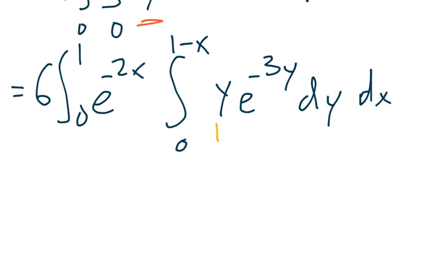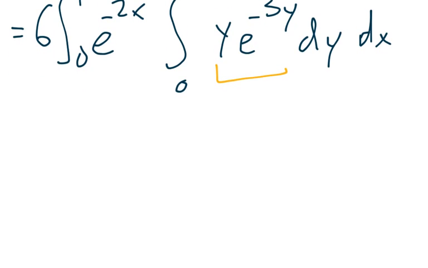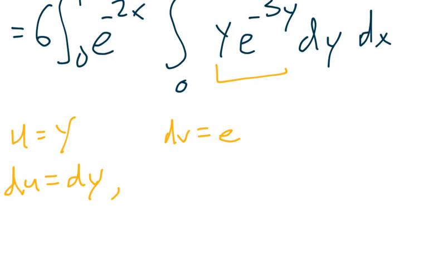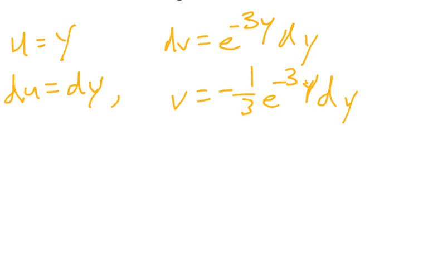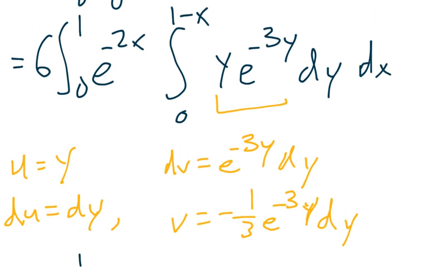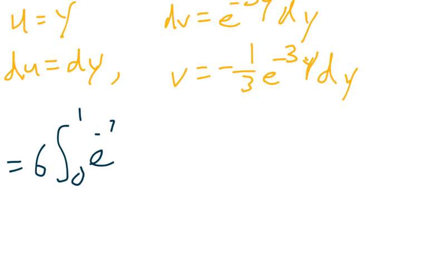Okay, now we're going to have to do an integration by parts here. u is equal to y, du is equal to dy, dv is equal to e to the minus 3y dy, and v is minus 1/3 e to the minus 3y. So this whole thing is equal to 6. I still have this integral on the outside, right? e to the minus 2x.